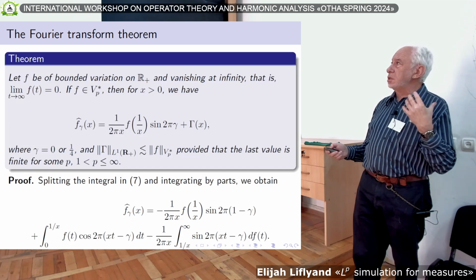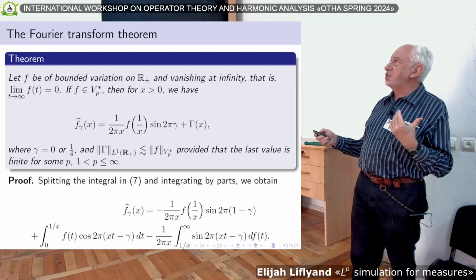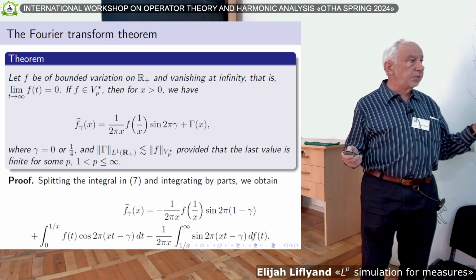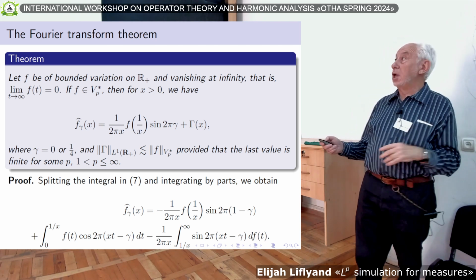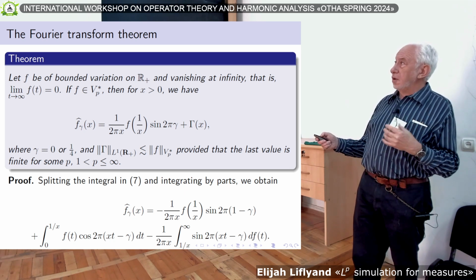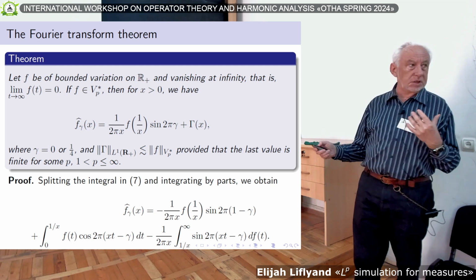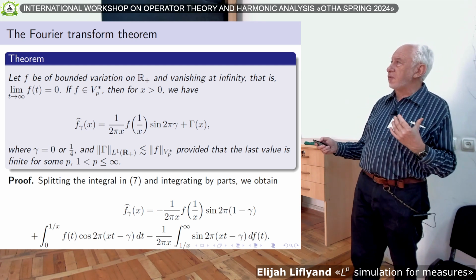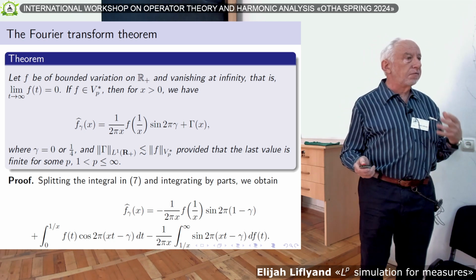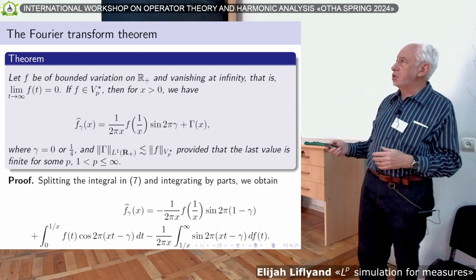And we have the following theorem. Functions of bounded variation vanishing at infinity, no word about absolute continuity. And we have this almost asymptotic formula. For the cosine transform, this does not appear. And for the sine transform, we have a leading term and a remainder term.